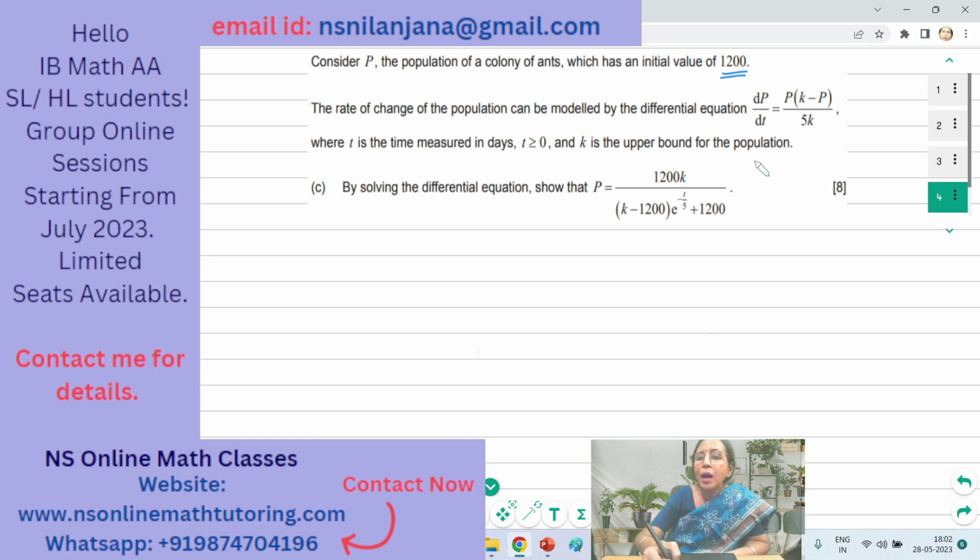And K is the upper bound for the population. And the question is, by solving the differential equation, show that P equals a weird expression. Okay, fine. But it is carrying 8 marks.